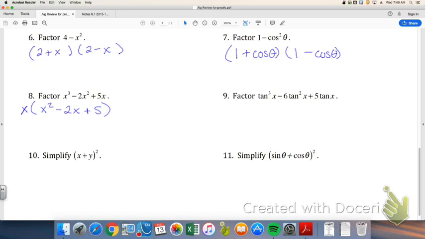So now I want you to try factoring tangent cubed x minus 6 times tangent squared x plus 5 times tangent x. What is this strange magic? No strange magic. Just treat the tangent as if it's a variable.